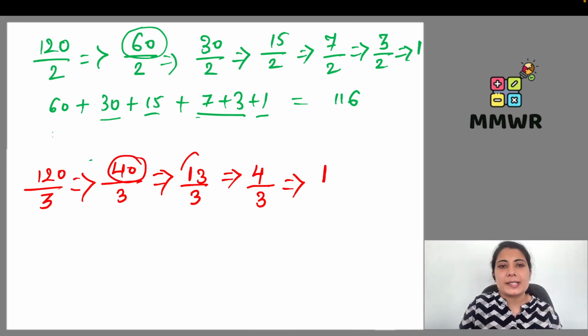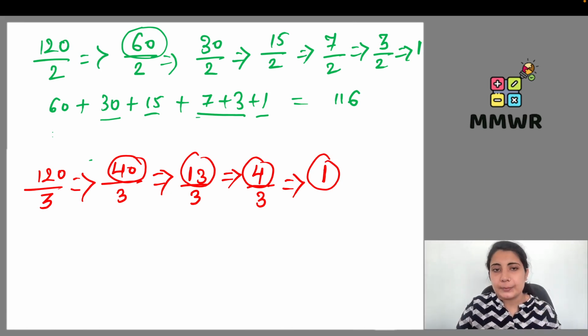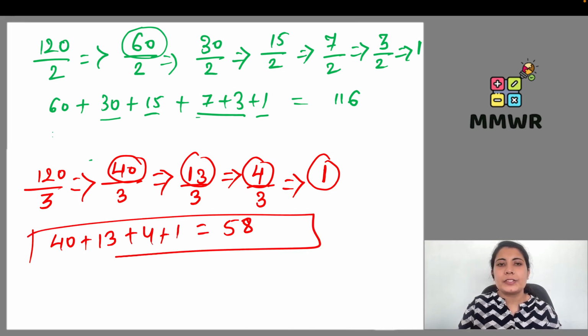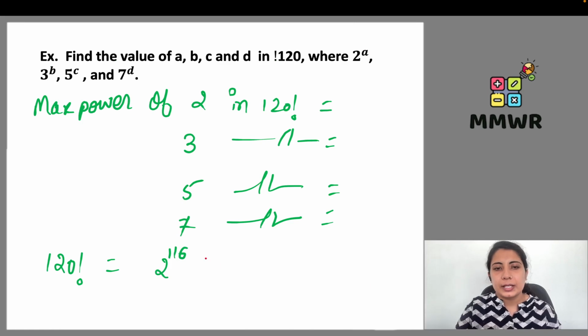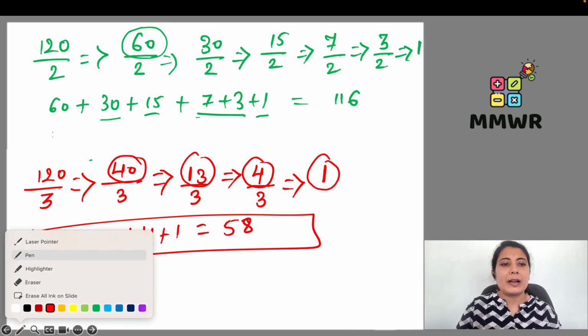So we got 40 plus 13 plus 4 plus 1. 13 plus 4, 17, 17 plus 1, 18, 18 plus 40 is 58. So 40, 13, 4, 1 gives us 58. That means 3 to the power 58.